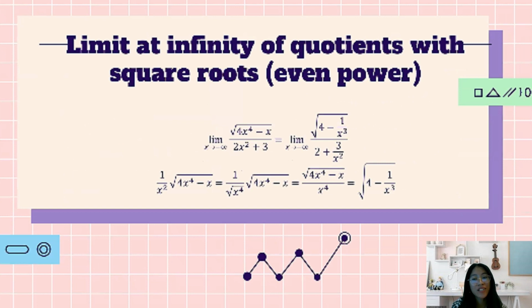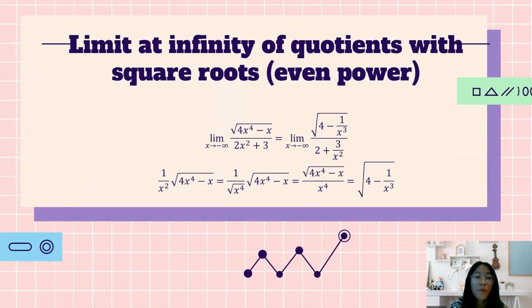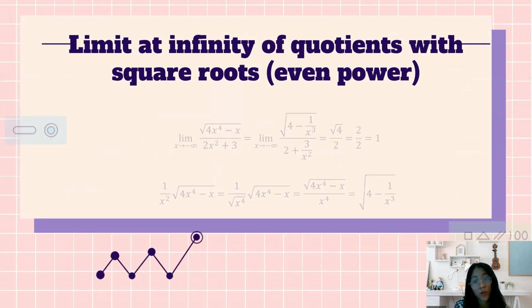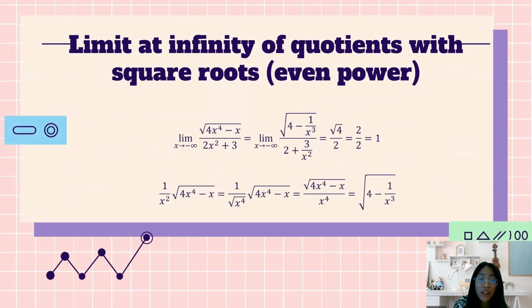You can view this as the square root of all this divided by the square root of this, which is equal to, using our exponent rules, the square root of 4x to the 4th minus x over x to the 4th. And then this is the same thing as the square root of 4 minus 1 over x to the third.